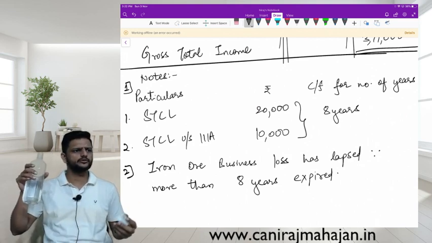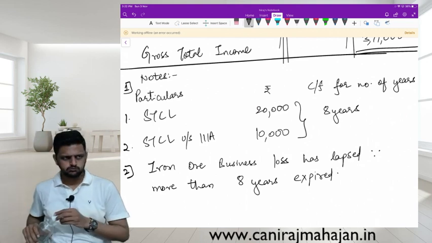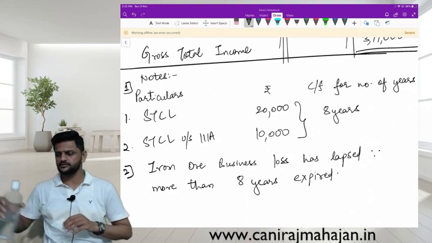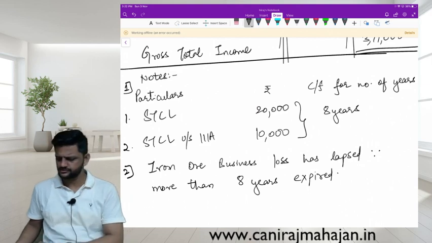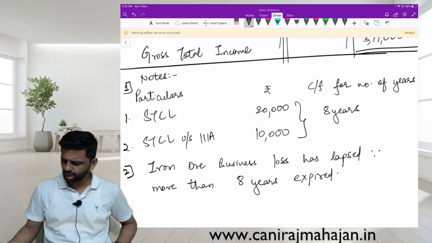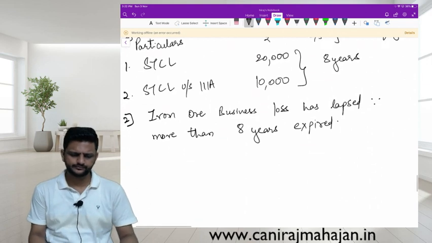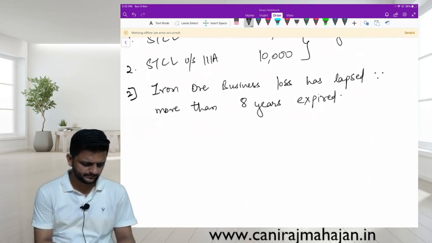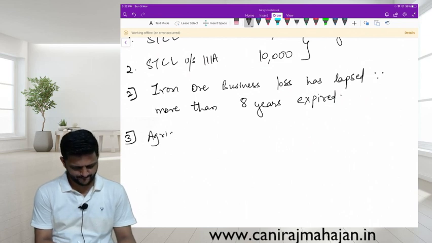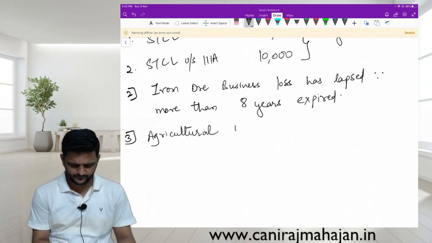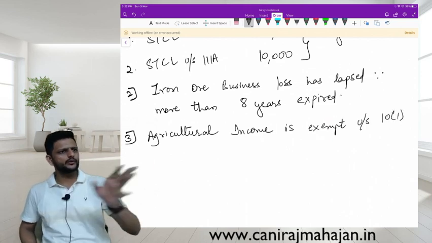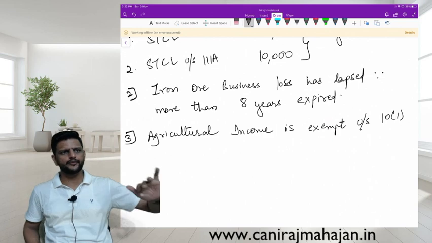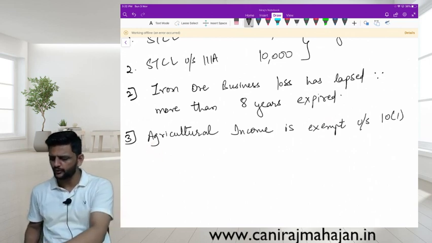Check the first page of the textbook. You are checking in which category? Normal business can be set off even if the business is discontinued. That point is only special for race horses. One more point, agricultural income, 10,000. Now, whatever items are given in the question, comment about those items, whether it will be part of computation or notes, but talk about it.